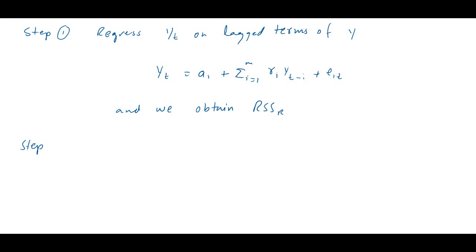In step 2, what we do, we again regress yt on lagged y, and in addition to this, now we also regress it on the lag terms of x.